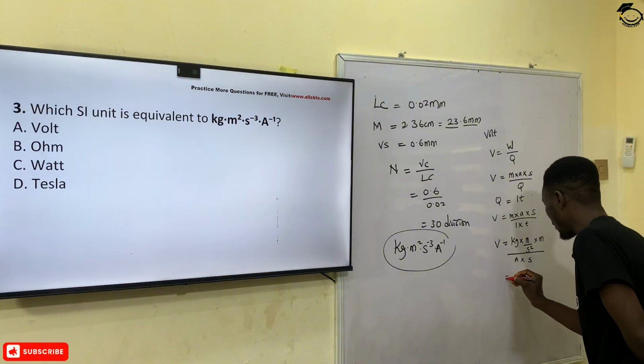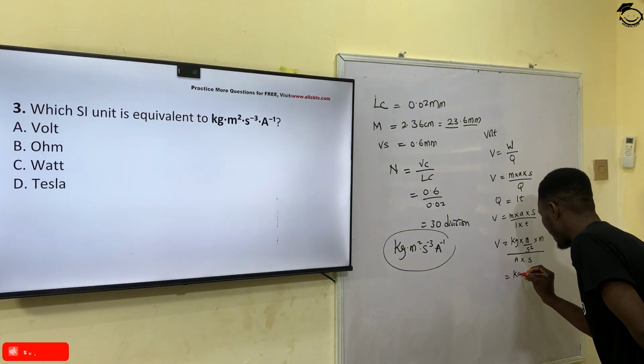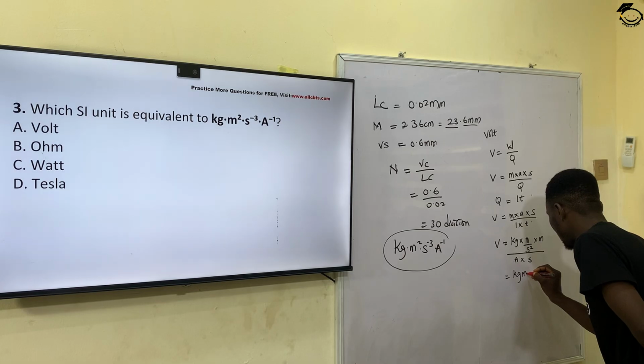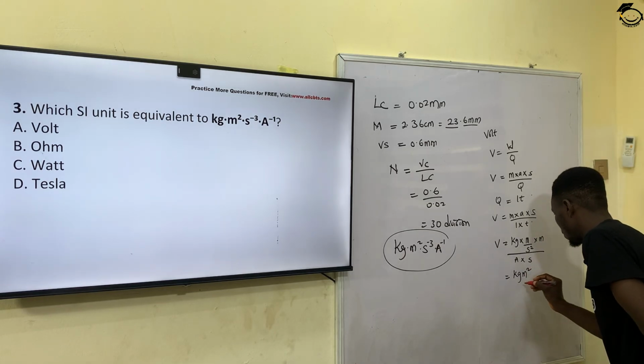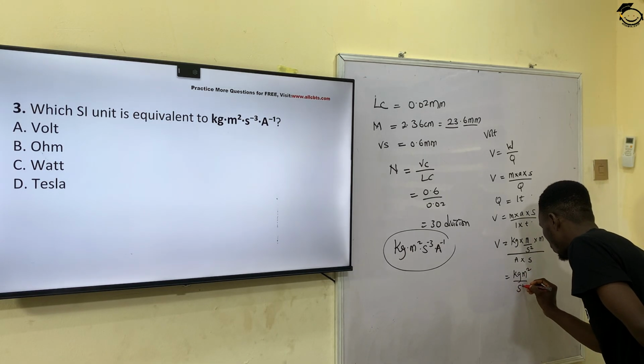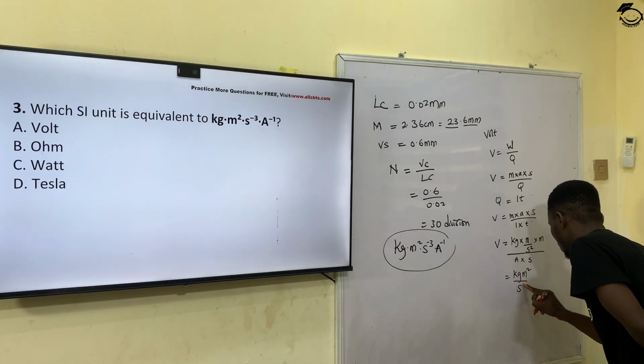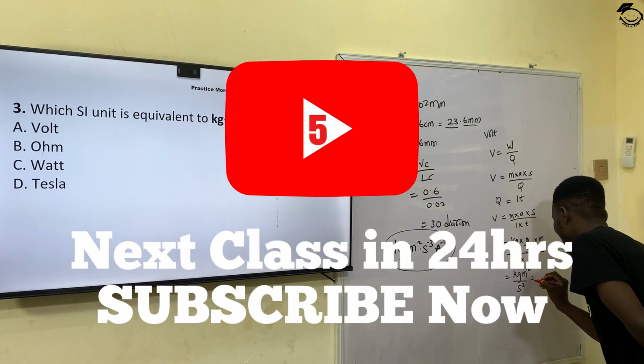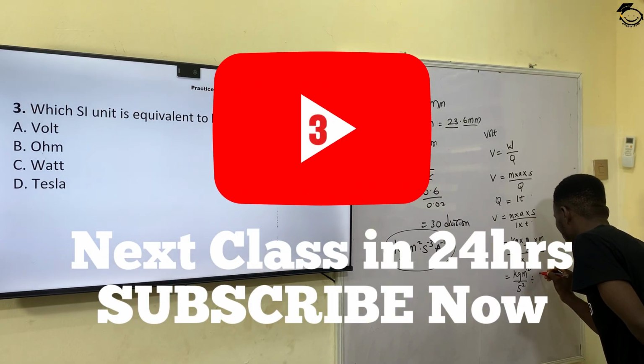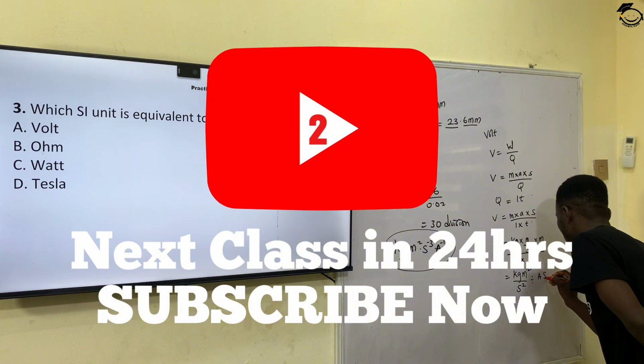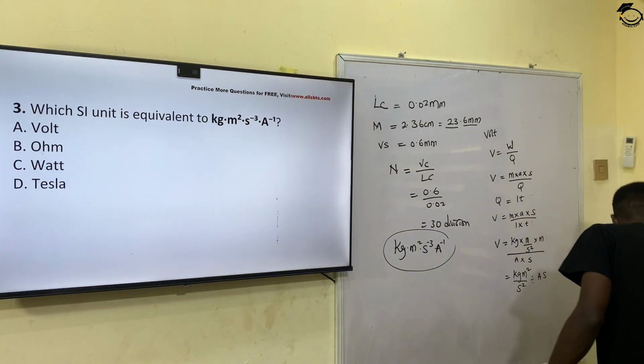So this will mean that I have kilogram meter squared, meters times meters, over seconds squared, divided by ampere seconds.